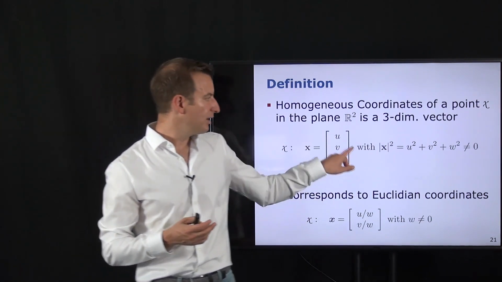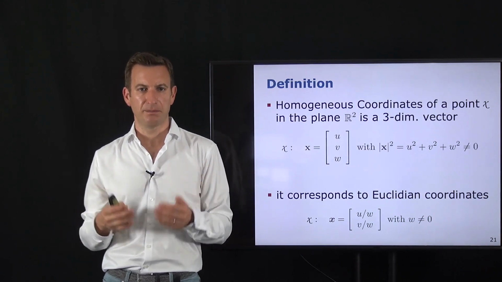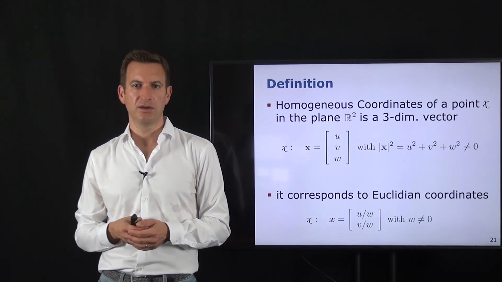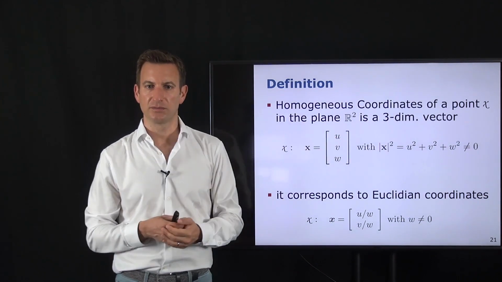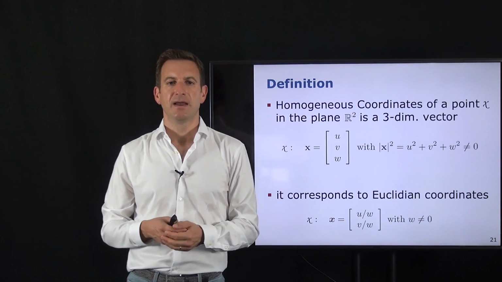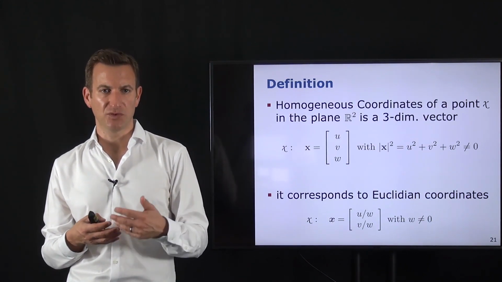So that means not all three coordinates can be 0. Okay, so if I have a point in homogeneous coordinates, it's not allowed that we have the point 0, 0, 0. All right?